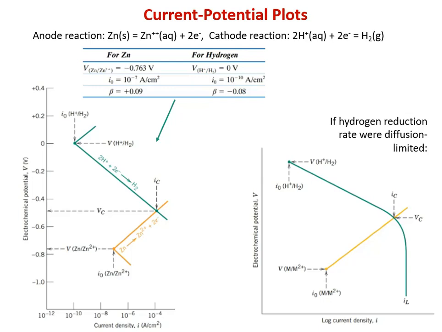Not always so dramatic, but typically that's one way of slowing things down. So again, all that is limiting current plotted as a constant on a log current density versus potential plot, and then plotting our logarithmic relationship between corrosion current and potential, and looking at it for different half-cell reactions. So this is just a way of looking at related rates and understanding what the corrosion current versus potential will be for different corroding systems.